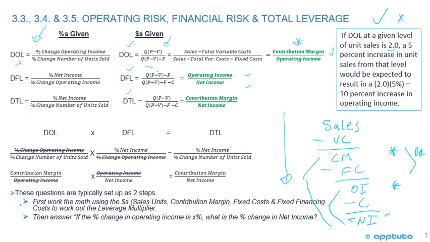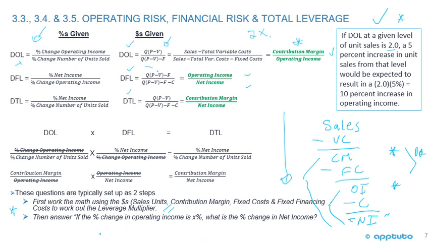So this is why I wrote down here, these questions can be typically set up as 2 steps. First, you have to work out the math, given the dollars given to you, sales units, contribution margin, fixed costs, fixed financing costs. You have to work out that leverage multiplier. That's what that 2 is. That's a leverage multiplier, okay?